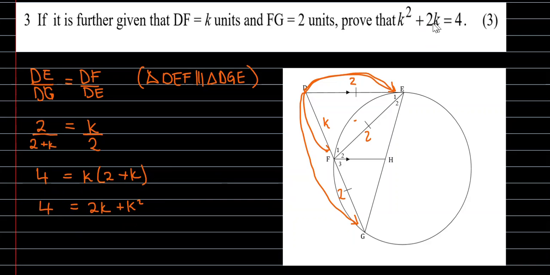So you can write 2k plus k squared is equal to 4, or just say k squared plus 2k is equal to 4, which is what they want, and you will get your 3 marks, right? So let's move on to the next question.